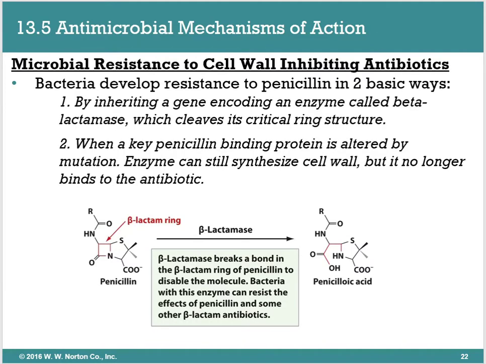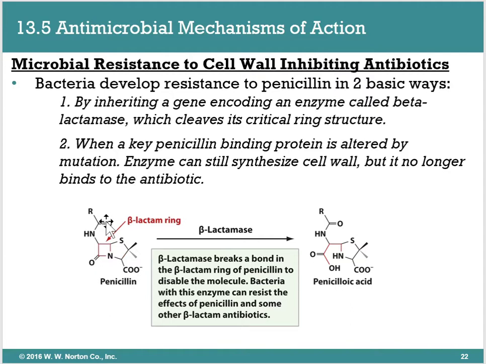Now, microbial resistance to cell wall inhibiting antibiotics. There are two main ways that they have developed resistance, primarily to penicillin. The first way is that they have a gene that encodes for an enzyme called beta-lactamase, which will cleave the penicillin.